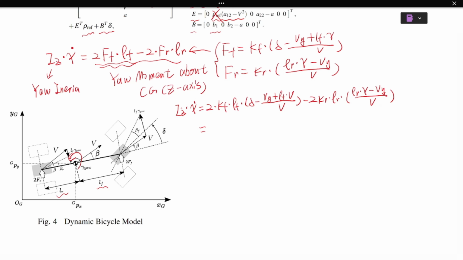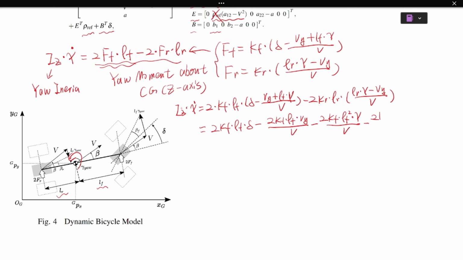And 2Kf Lf times delta minus 2Kf Lf times Vy over V, minus 2Kf Lf square times gamma over V. This is gamma.